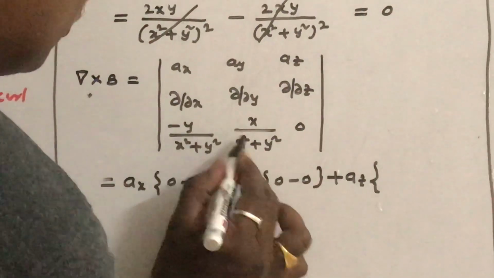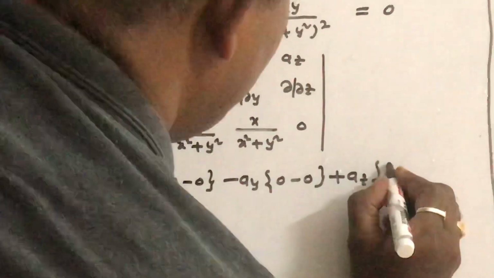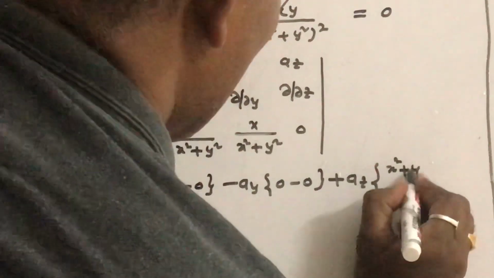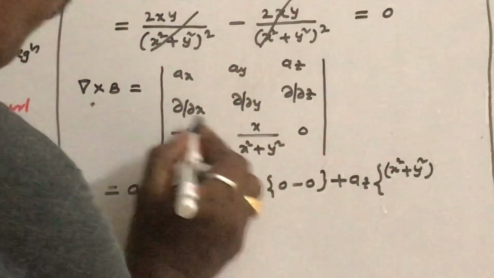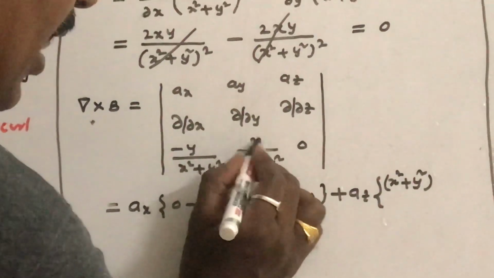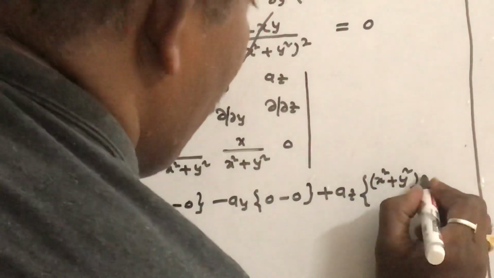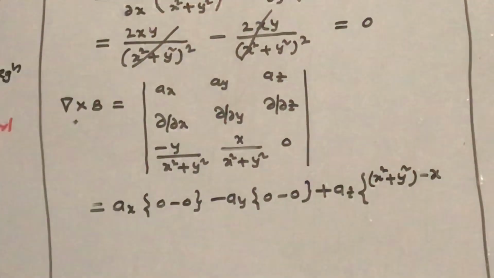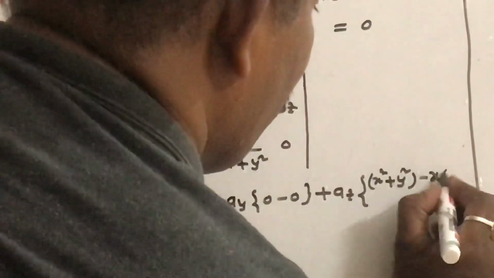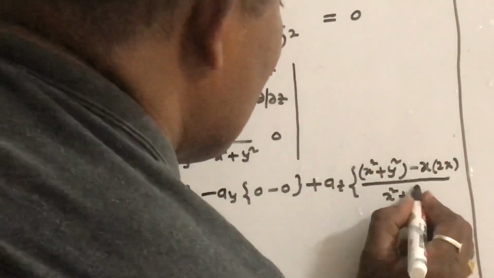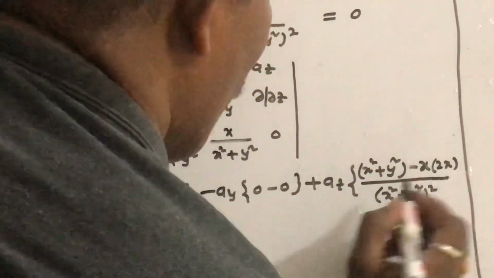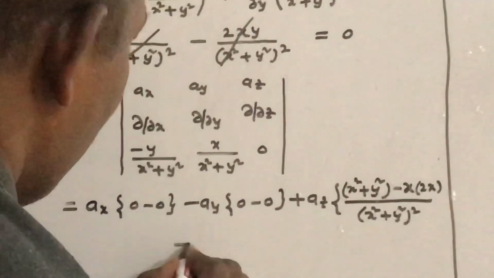into dou by dou x of this term. Apply the u by v rule: x square plus y square into differentiation of x, which is 1, minus x into differentiation of x square plus y square, which is 2x, by x square plus y square whole square. So this is the differentiation of this term.